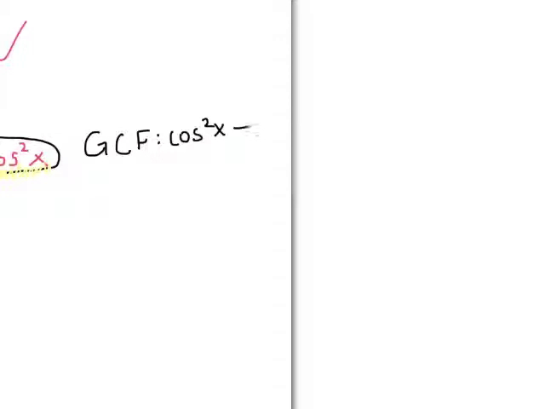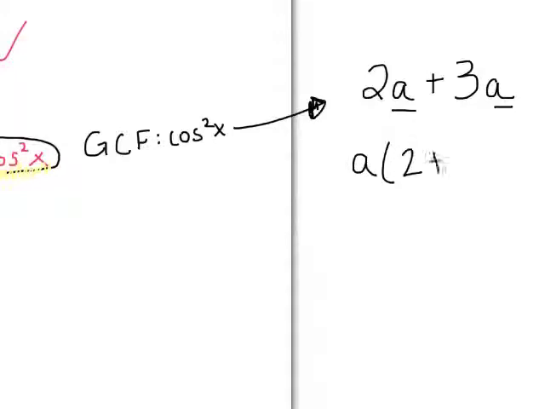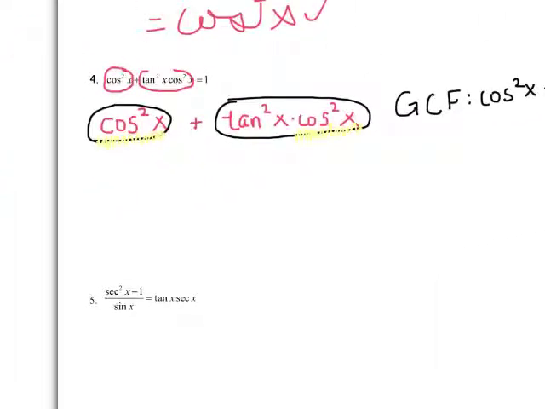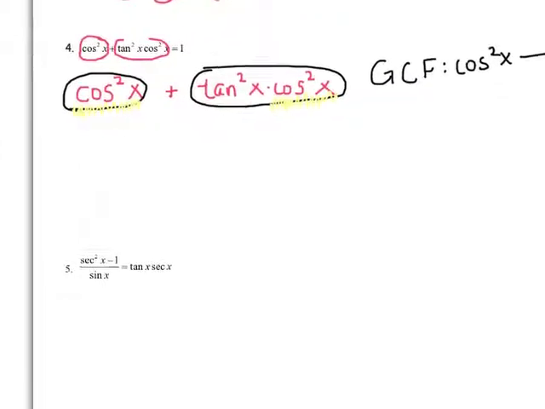This is like saying 2a plus 3a is the same thing as a times (2 plus 3). When they both have the a, you pull it out, and you get that. So with trig, they both contain that cosine squared, so I'm going to take out that cosine squared.